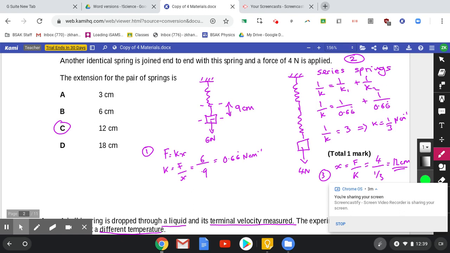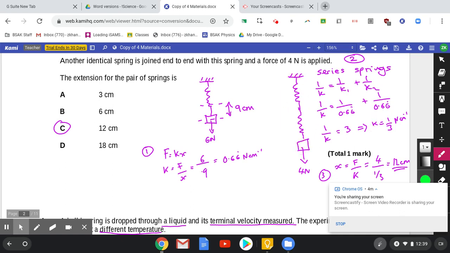Now we know that they're identical springs with a force constant of 0.66 recurring, and that I've put in there, and what I get is 1 over K is equal to 3, so K is equal to 1 over 3 newton per centimeter. This is the overall force constant for both of the springs together.